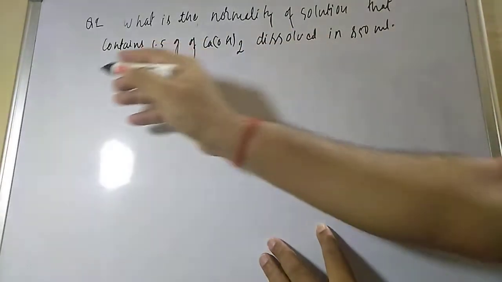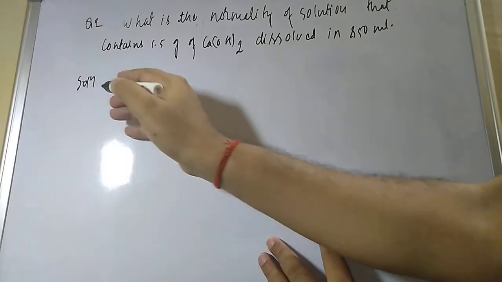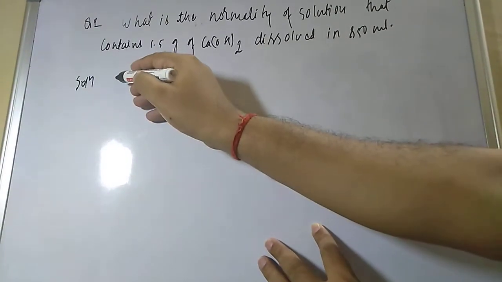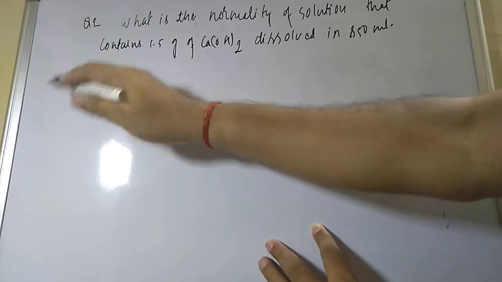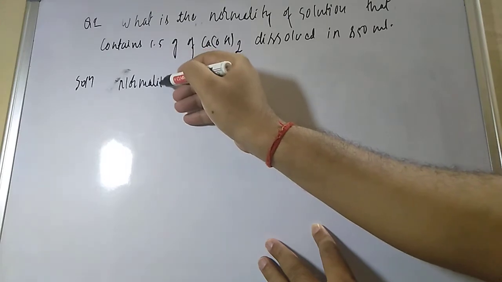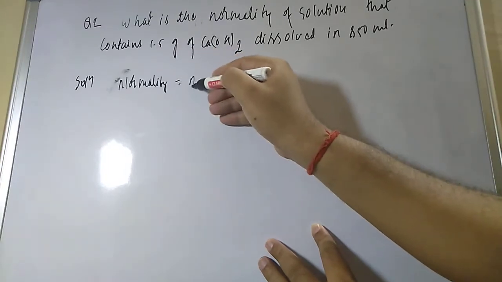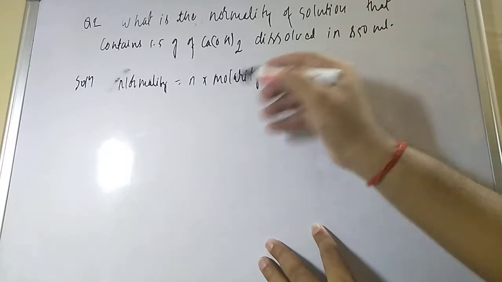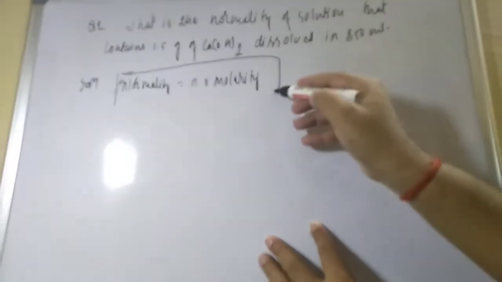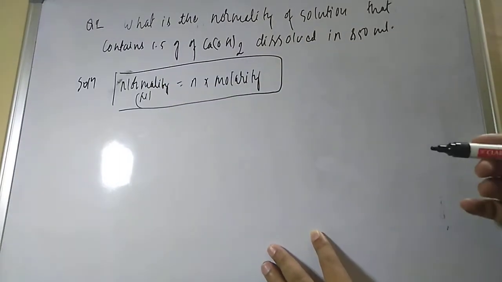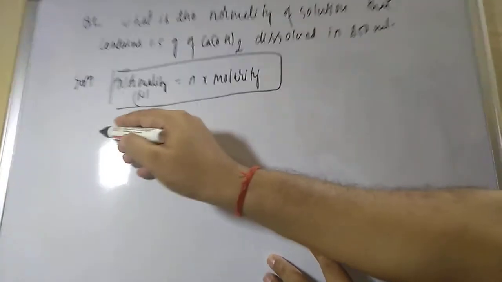So the formula we will apply is normality equal to n factor into molarity. Normality capital N is equal to small n into molarity. So let us first calculate the molarity.